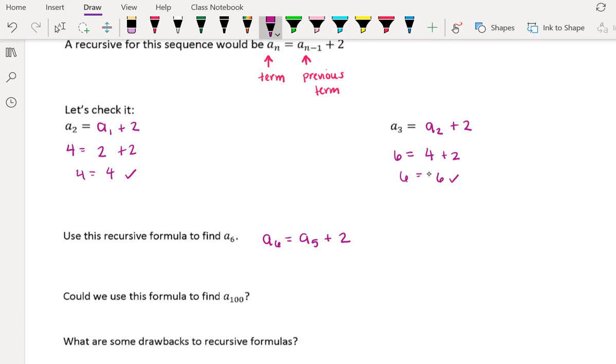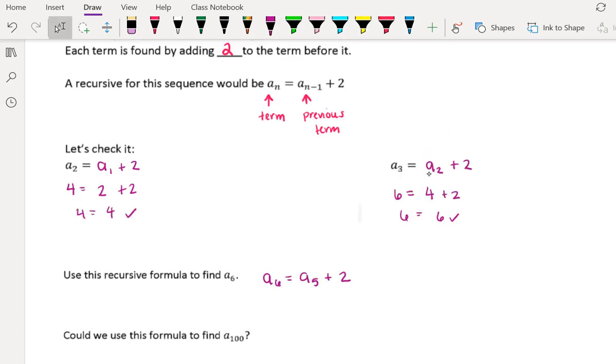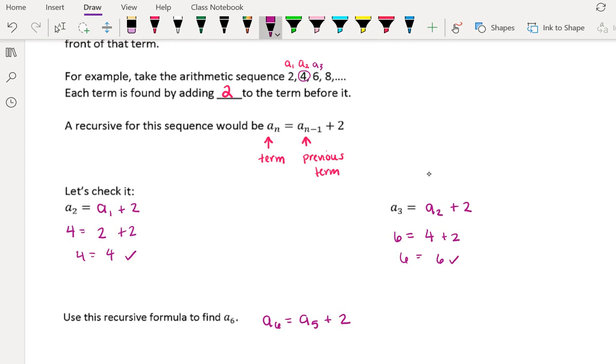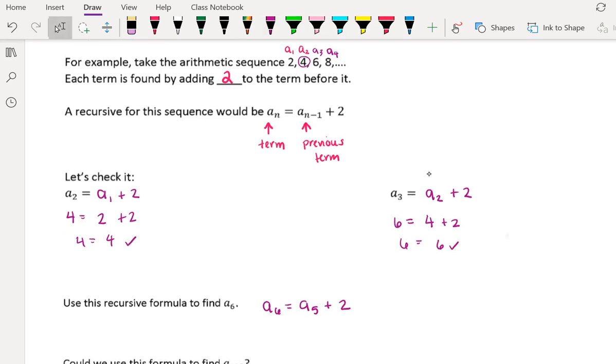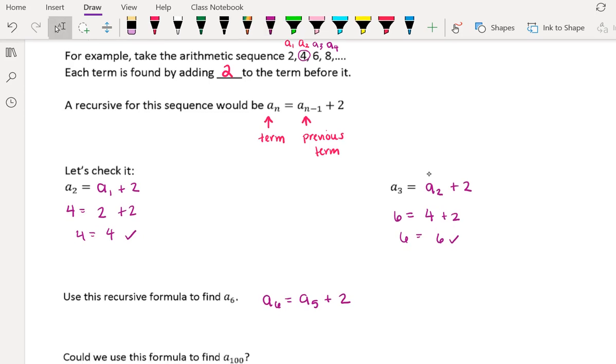Do you know the value of the fifth term? Not technically. I only have the sequence up to the 4th. So to get the 5th, I have to add 2. So a sub 5 is equal to 10, and a sub 6 is then an additional 2. So the 6th term is equal to 12.